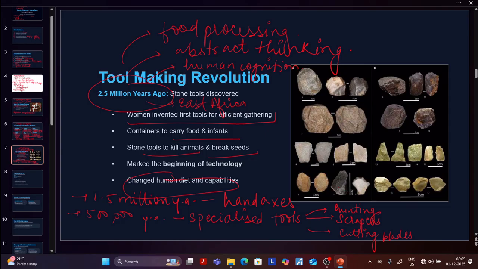This diversification is crucial because it indicates increasingly sophisticated planning and resource management. Different tools for different tasks, which requires knowledge of which tool works best for which purpose, and knowledge must be transmitted. Someone must teach a young person how to make and use these tools.